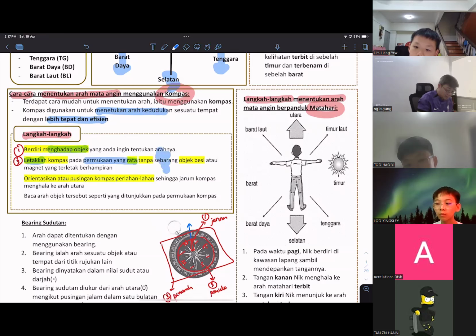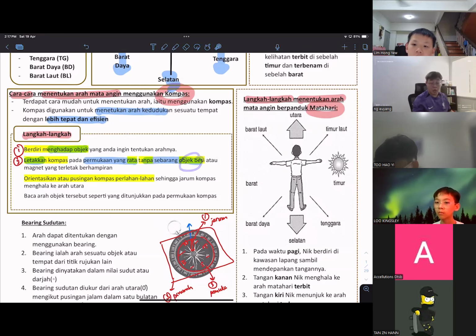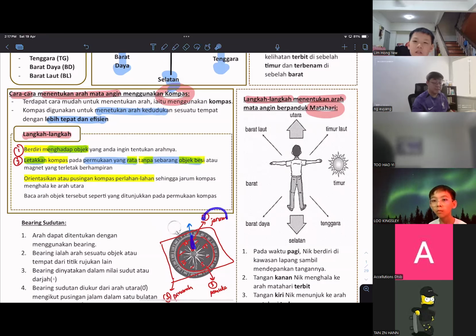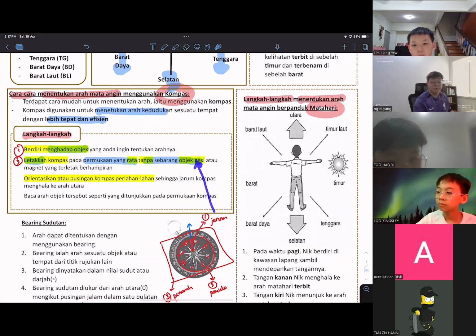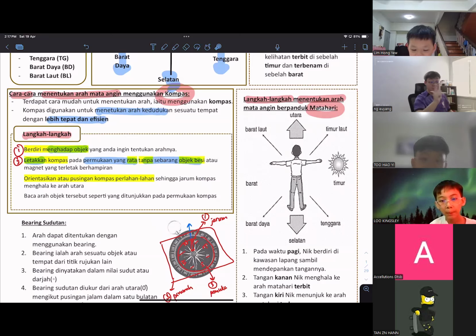And yeah, so this is tanpa, right? So without. Remember, stay away from any object, because the compass, the first structure, the gyro, is easily affected by metal objects. They can alter the direction pointing towards the north. It's going to affect it, let's say, bending to the northeast or northwest.